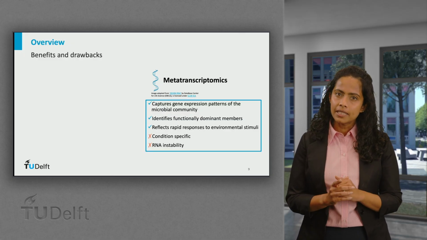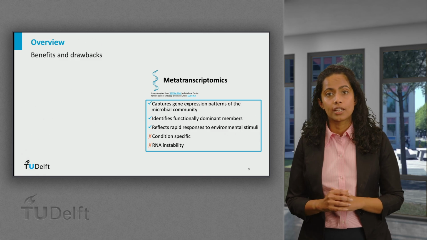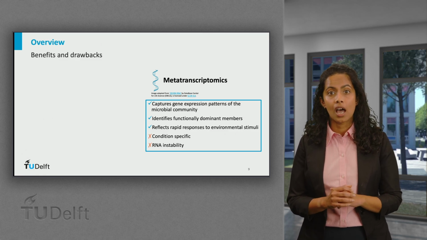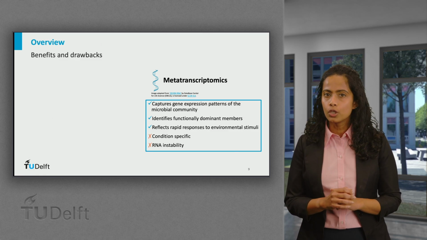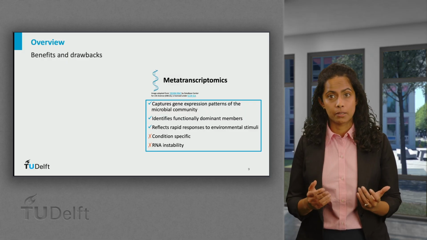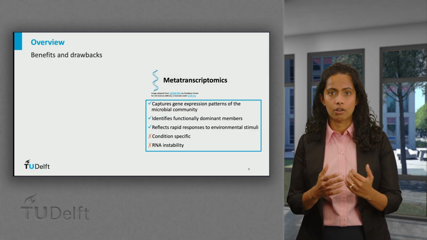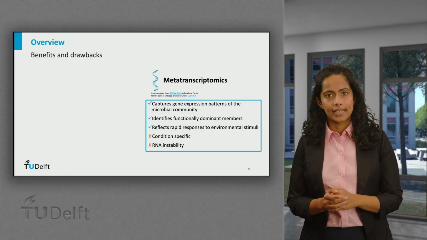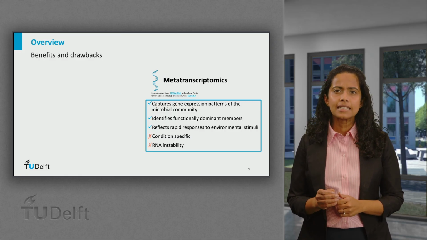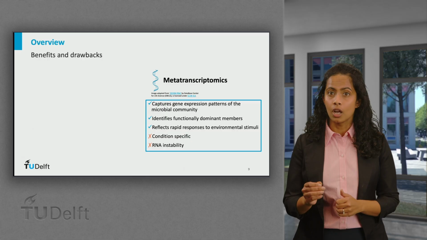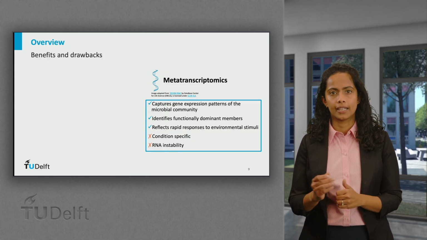However, the limitations are that these changes in transcriptional profiles are transitionary and do not provide the complete metabolic potential of the microorganisms. Finally, RNA is considered to be a more unstable molecule when compared to DNA.